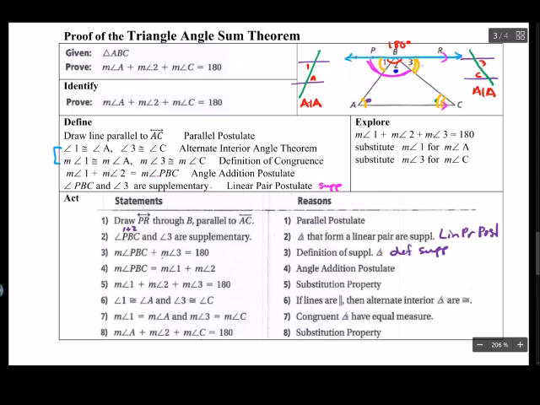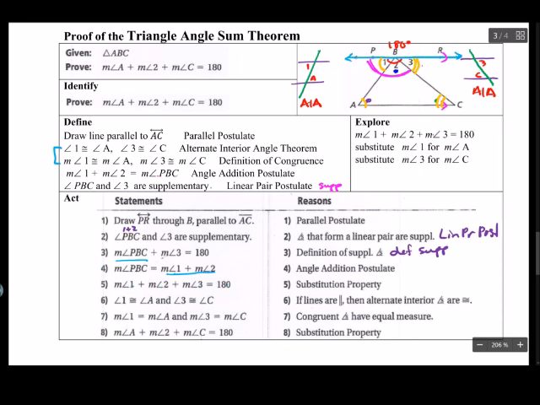Now the angle addition postulate lets us say that PBC is 1 plus 2, and then I simply take this and substitute it in. Right? There's PBC. I substitute it in for PBC, and now I have 1 plus 2 plus 3 equals 180.